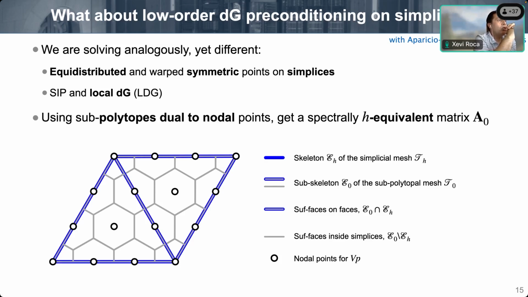And actually, these boundaries correspond to the skeleton of this mesh, Th. And then we have this subpolygonal mesh in each element, which is dual to each one of the nodal points. This polygonal mesh is depicted in gray in this plot, and we have two main regions: the region that intersects the skeleton of the original high-order mesh, and the region that is inside of the original high-order elements. Next slide, please.